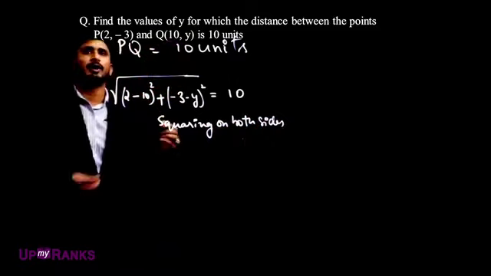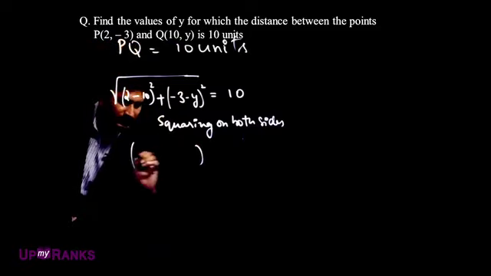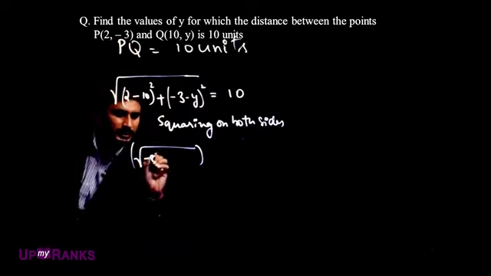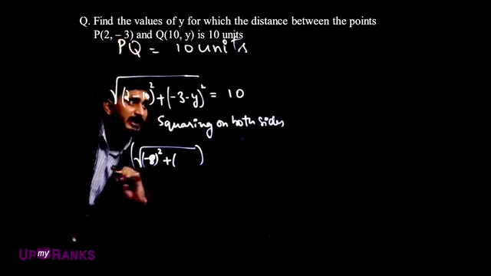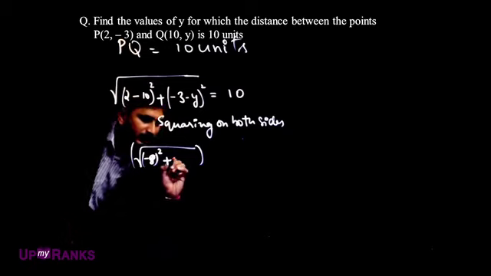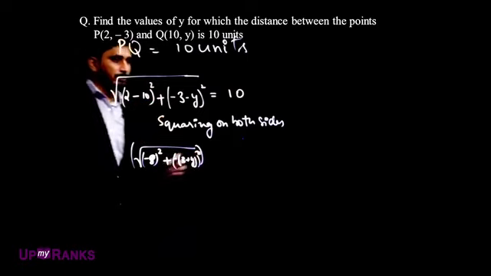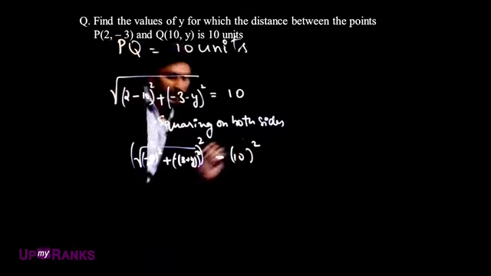So when we square on both the sides, what do we get? The squares: 2 minus 10 square, which is minus 8 square, plus minus 3, I'll take out minus common here, so I get plus (3 plus y) whole square, which is equal to 10 square.